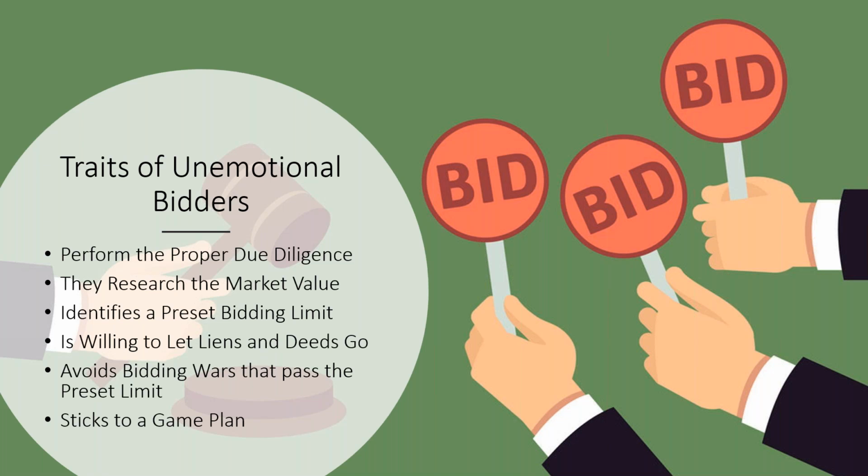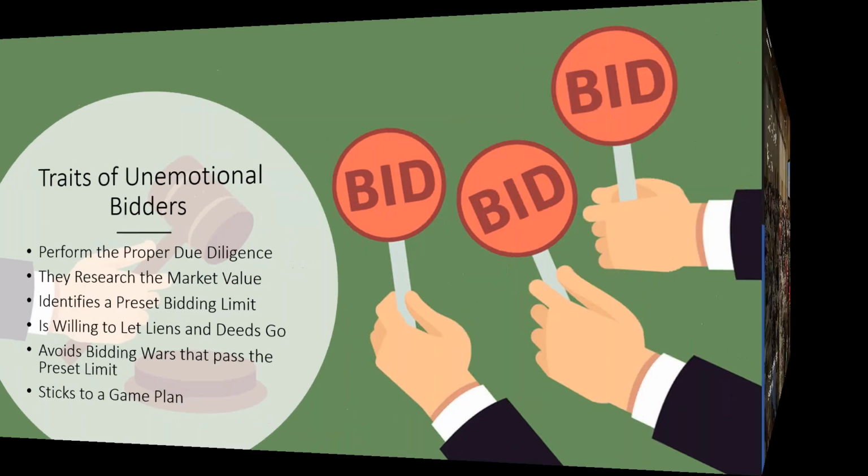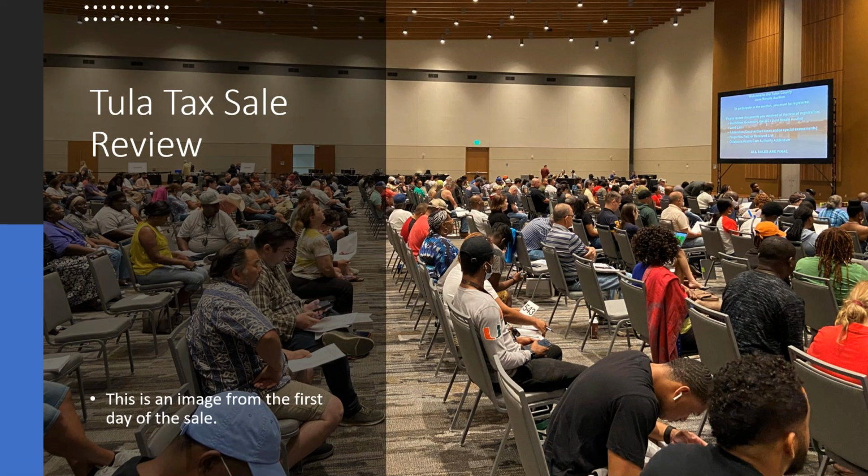I mean, Shade and I attended another auction this year, a local sale here in Utah, and the same thing kind of happened as at this Tulsa sale: there were 3 or 4 times the amount of people than there had been in past years. And there were a lot of these emotional, uninformed bidders at the auction.